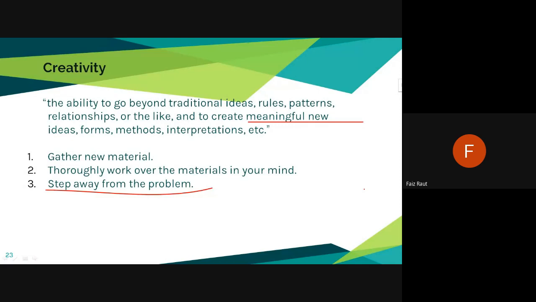Or stand in the balcony, give relaxation to your mind, then come back and start fresh. Don't start from the point where you have left.